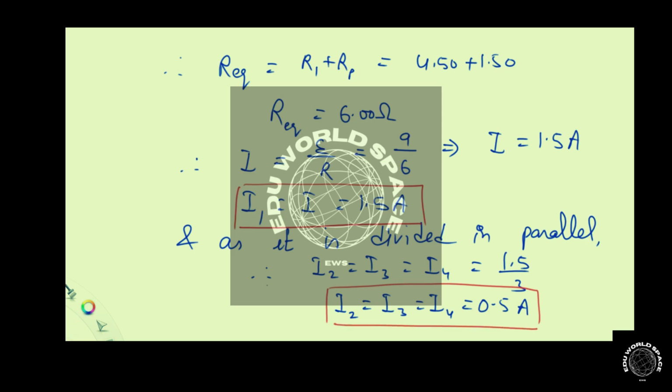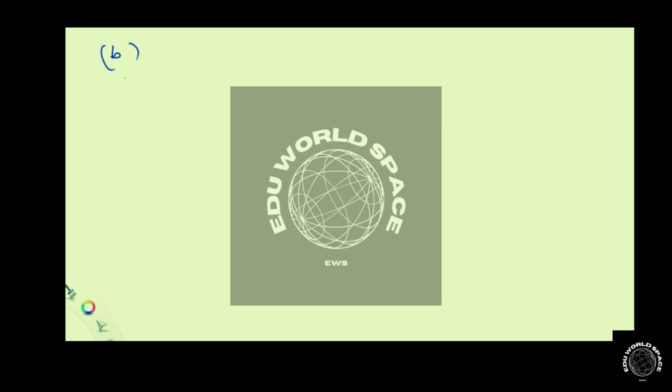Okay, now in the second part of the problem, we have to find the power dissipated as heat across these bulbs. So starting with P1, that is I1 square R1, means square of 1.5 multiplied by 4.5. So this P1 is calculated to be equal to 10.125 watt.